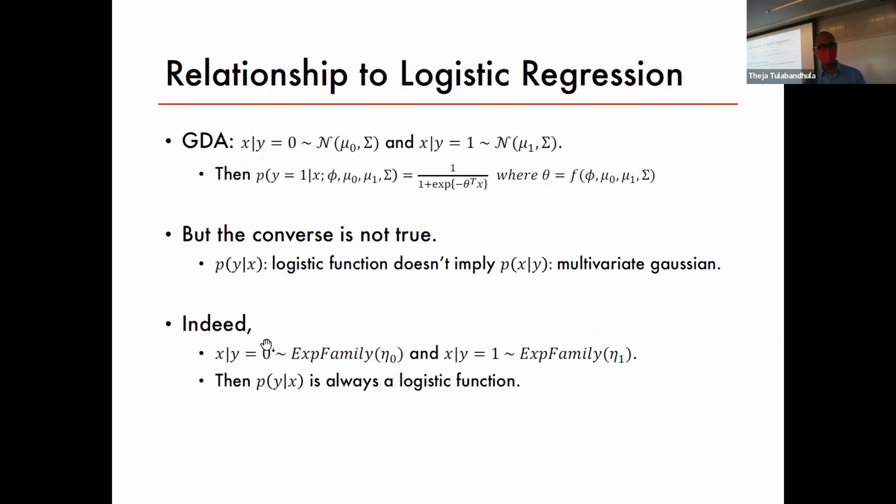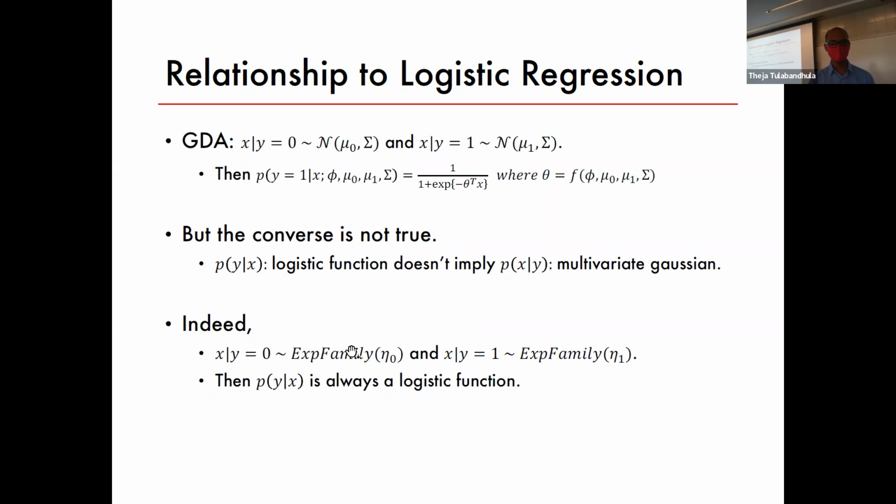that you can see via these 2 bullet points, which are trying to say that even if you don't say Gaussian distribution, as long as x given y belongs to an exponential family, okay? Probability of x given y equal to 0 belongs to an exponential family with some parameter, and probability of x given y equal to 1 belongs to some other exponential family distribution with some slightly different parameter.